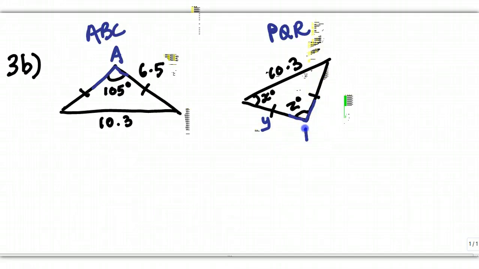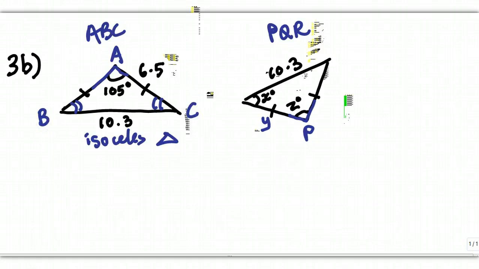So we know this is point P. Now we know that this is actually an isosceles triangle. For an isosceles triangle, the two base angles are equal, so it really doesn't matter which side you label B and which side you label C. So correspondingly, you will get Q and R on this side.